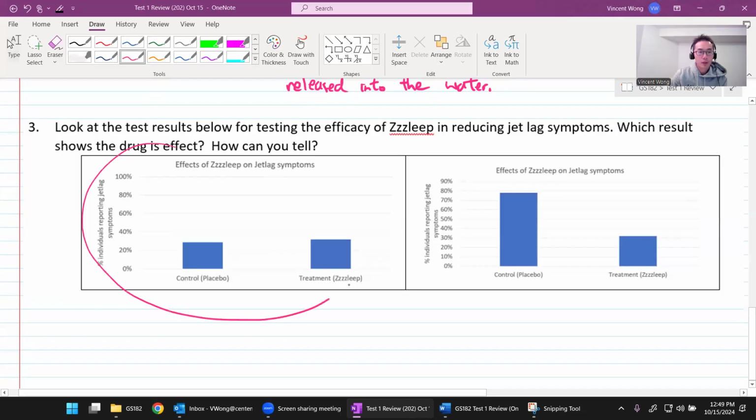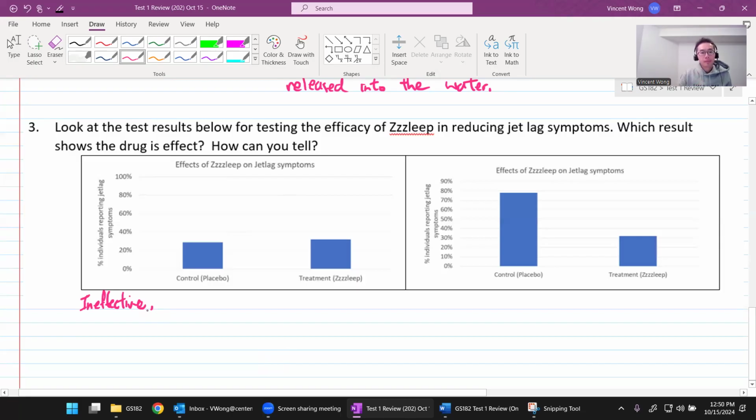If I show you this graph on the test and I ask you, is the drug effective or not in reducing the symptoms of jet lag? What are you going to say? Not effective. That's right. How come? This is ineffective. I agree. But why?